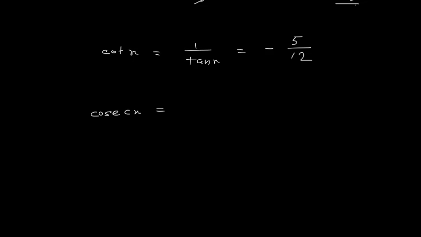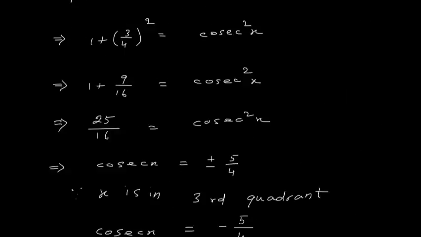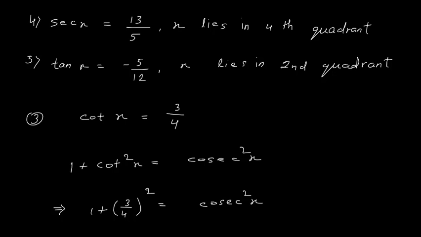So cosec x is 1 upon sin x. The value of sin x is minus 12 upon 13. So cosec x will be minus 13 divided by 12. Simple? Okay. So I have solved 3 problems, and 3 problems I left you to solve because they are simple. You only have to use the identity and you will get the answers.